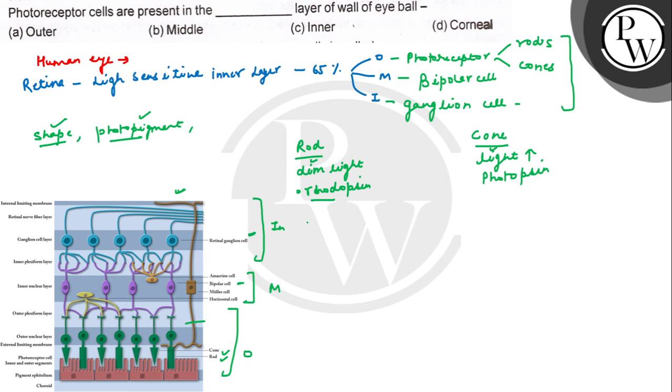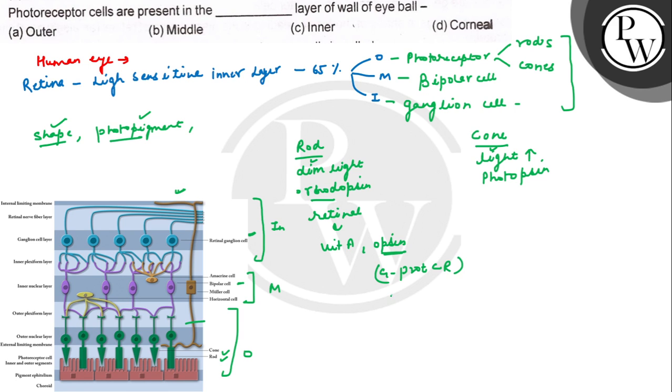It is comprised of retinal. Retinal is an aldehyde of vitamin A and a transmembrane protein called opsin. Opsin is a membrane G protein coupled receptor.